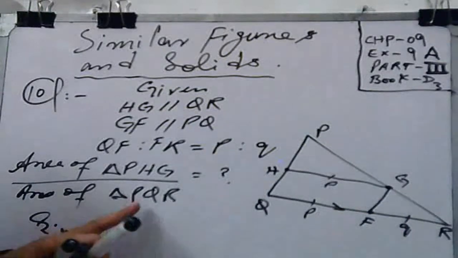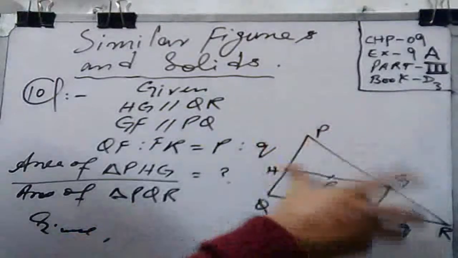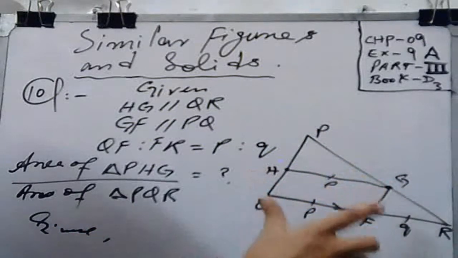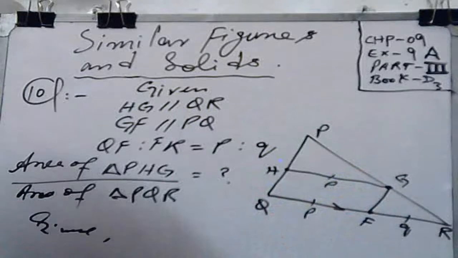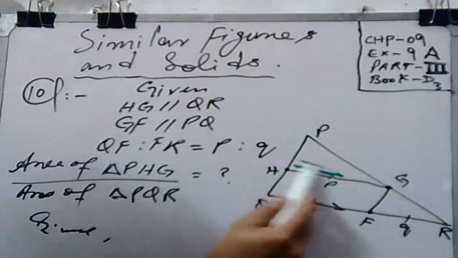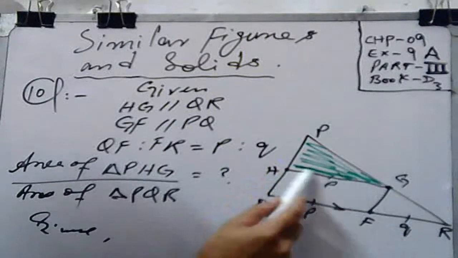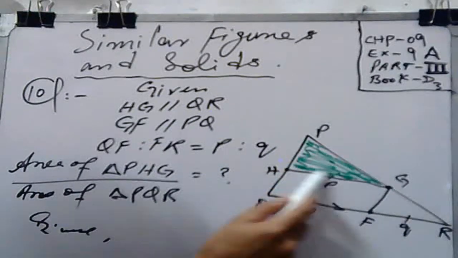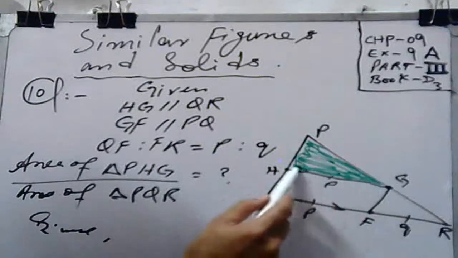Now you can see this, we have two triangles, that is PQR. PQR is a bigger triangle and the smaller one is PHG. So that one is your smaller triangle, that is PHG.